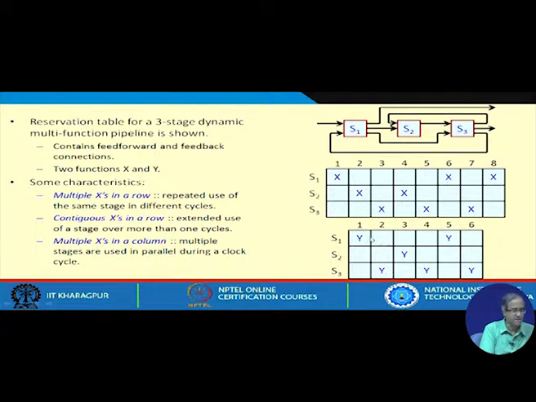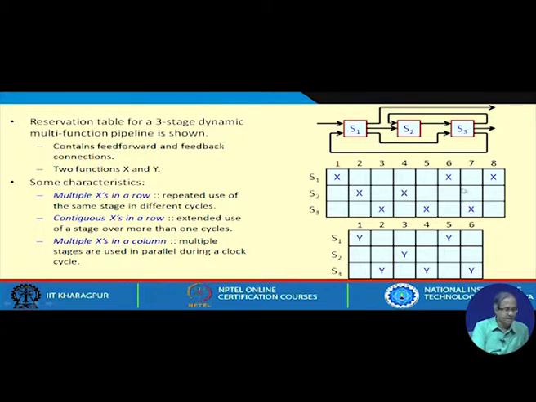And the y computation is like this: first time step S1, then S3, so you follow this path straight away, then S2, then S3, then S1, S3, again S1, again S3, from here you come out. So, x comes out of here and y result comes out of here.